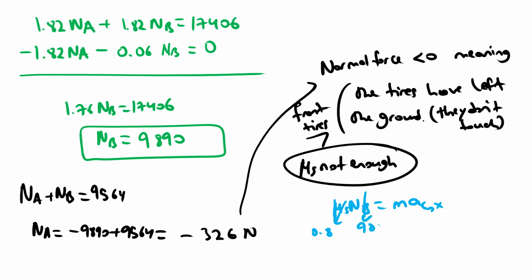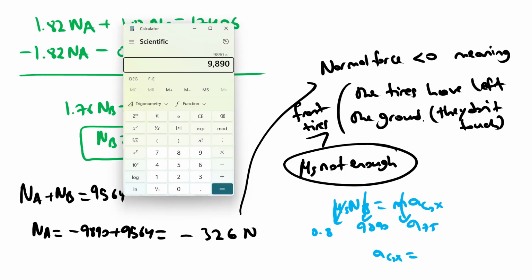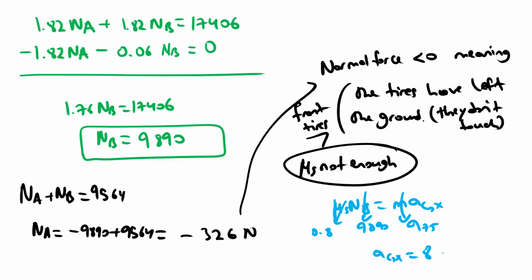NB is 9890, and then m is 975, and then from here agx will be 9890 times 0.8 divided by 975, that's 8 meters per second squared. This is the acceleration for this case, but as I said, this is not enough for the front tires to be able to touch the ground.